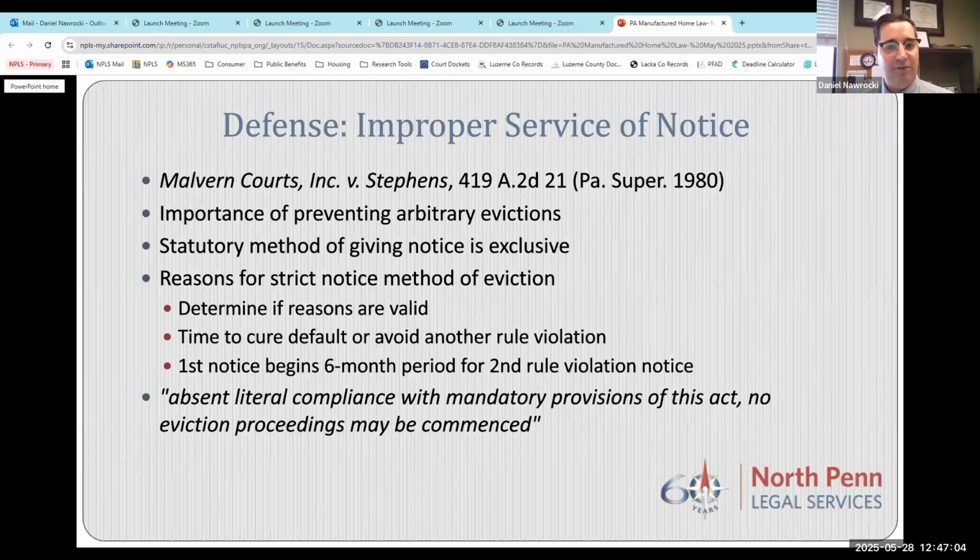So in Malvern Courts v. Stevens, which was a Superior Court case, the court did look over the notice requirements, why the notice requirements are there, and they found in that case that if a park owner doesn't comply with all of the provisions of MHCRA, then you can't commence the eviction.